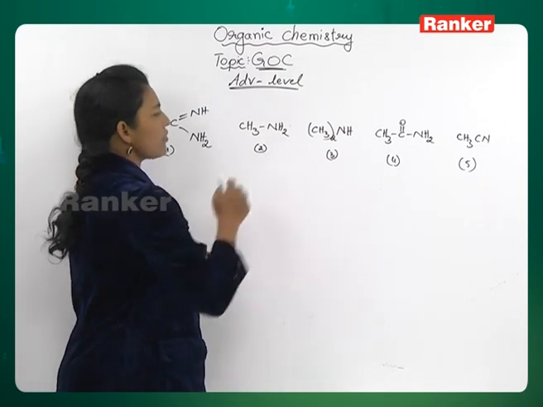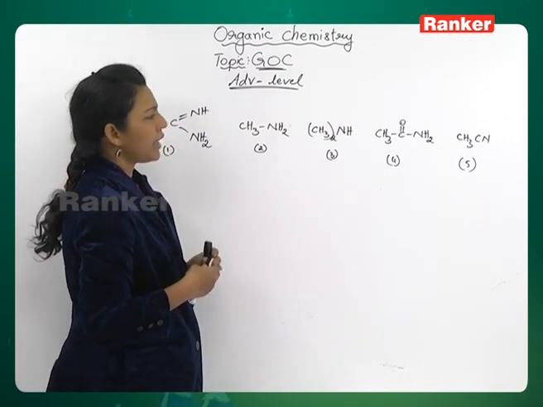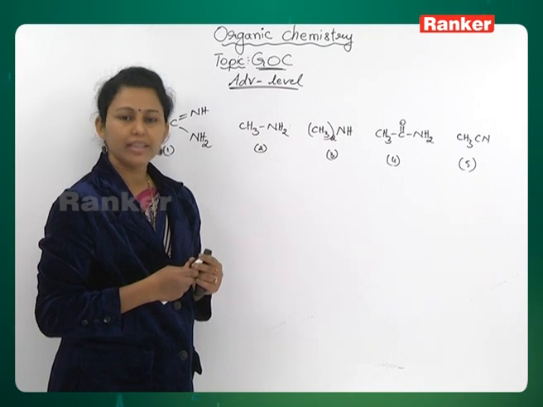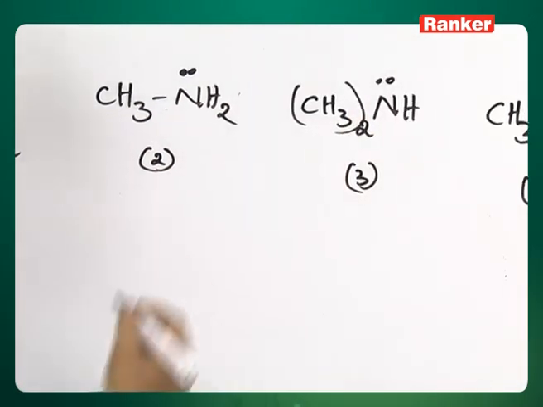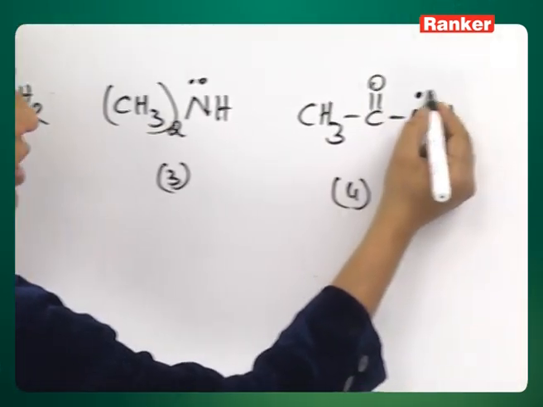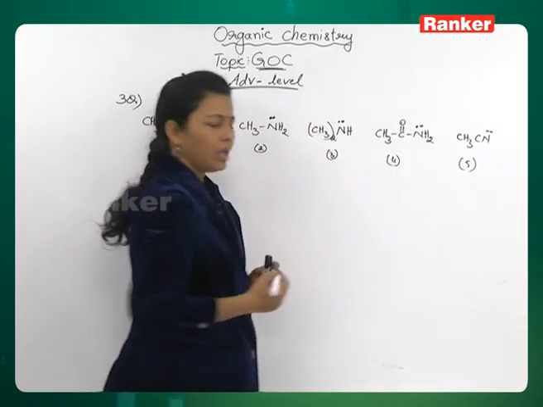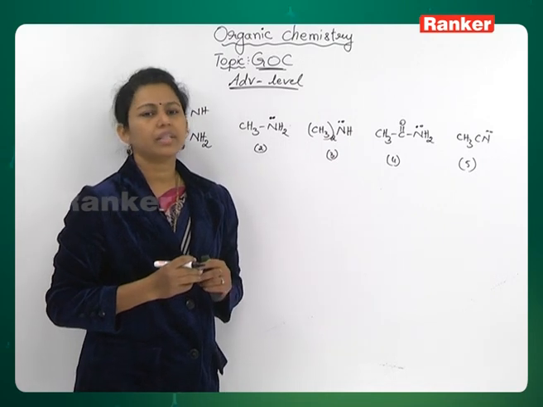In this case, if you observe here, nitrogen carrying a lone pair of electrons will show basic nature. The basic nature of these nitrogen-containing compounds is due to the presence of a lone pair of electrons on the nitrogen, and they will show Lewis basic character.